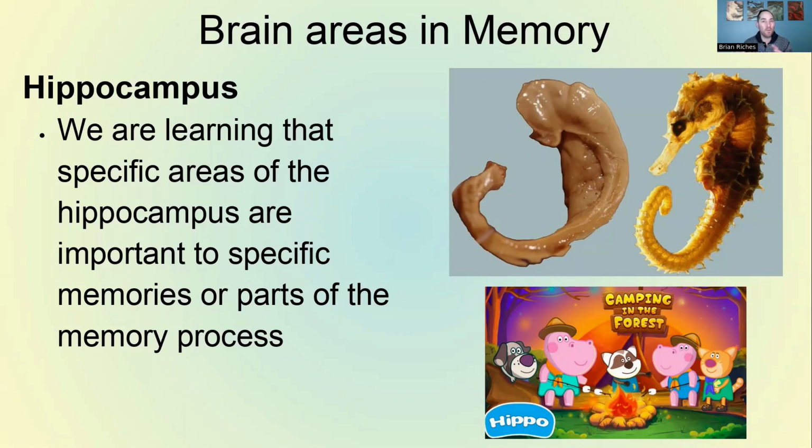Again, there's a little bit of overlap and adjustment, but just like we have similar brain areas across humans, most humans have specific areas in their hippocampus for specific types of memory processes. So you could have one part of the hippocampus that's talking to the prefrontal cortex, another that's talking to the amygdala, another that's got the place cells or the grid cells. But those are connected to those specific areas of the cortex.